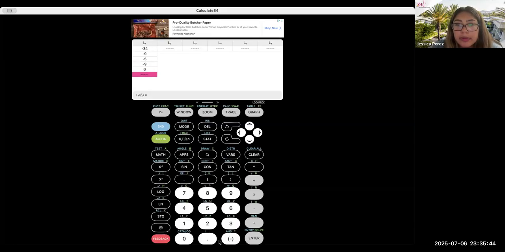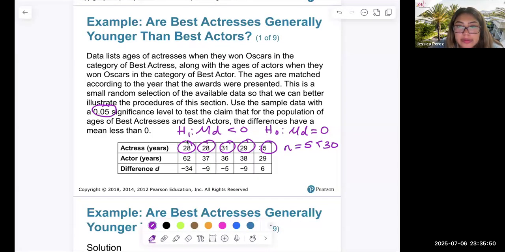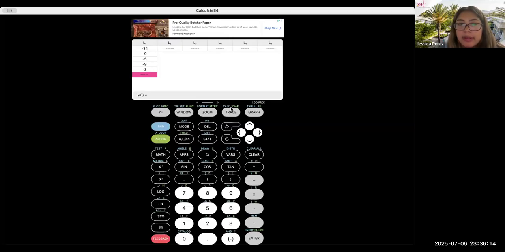Remember, where are those numbers coming from? It's the difference between actress and actor ages. If you look at this table, 28 minus 62, we get negative 34. 28 minus 37, negative 9. 31 minus 36 is negative 5. 29 minus 38 is negative 9. 35 minus 29 is 6. That's where we're getting the differences between each of them.